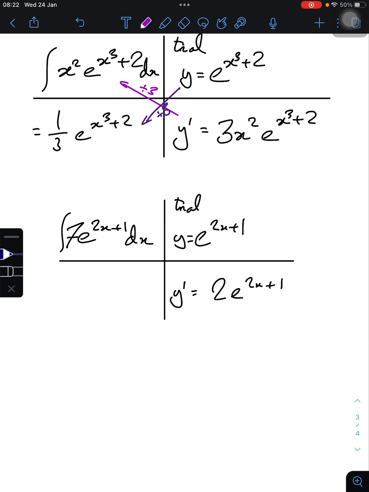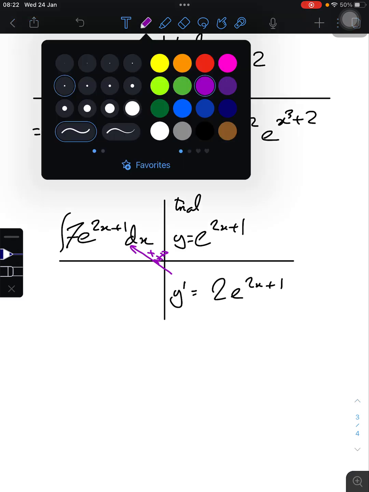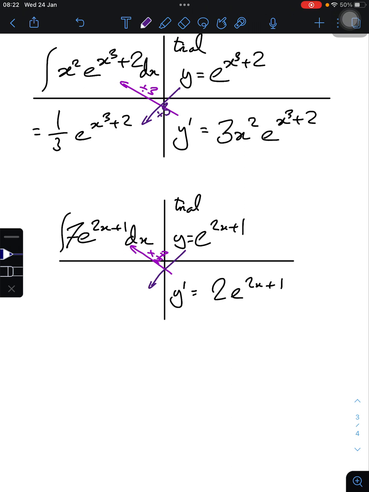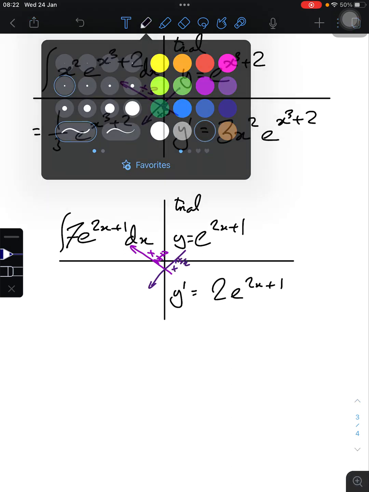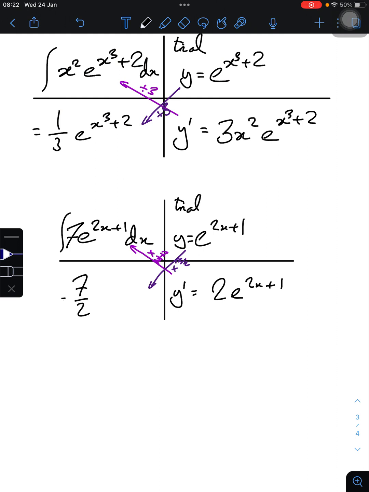Doesn't matter what we trial then. Well, we need to get rid of our 2, and we need to get to 7. So we need to multiply by 7 over 2. Because dividing by 2 will get rid of our 2, multiplying by 7 will get us the 7 we need. And so therefore I need to do the same here, multiply by 7 over 2. And so therefore I would get 7 over 2 lots of e to the 2x plus 1.